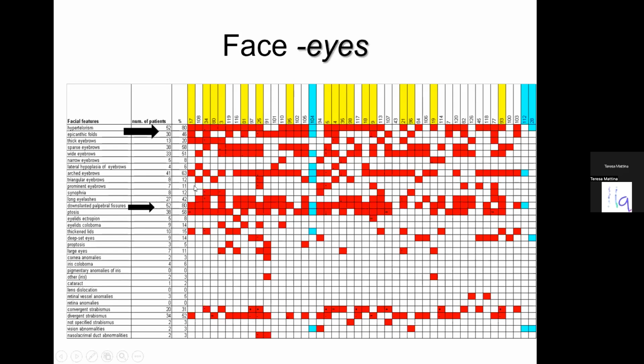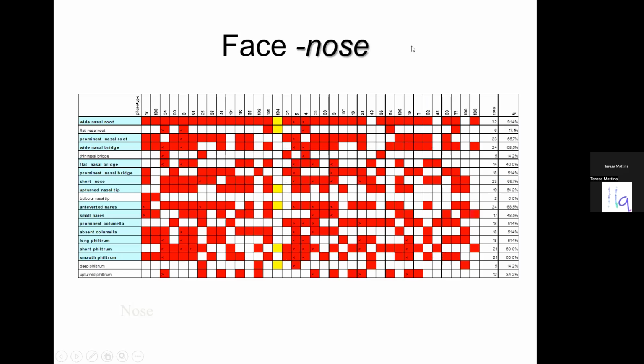And these are what is seen. If we look at the nose, the noses are very varied. Children may have all different kinds of dysmorphic noses, but they don't have a big nose. Usually they don't, only 2 big noses, deep philtrum only 4. So the nose is more variable.